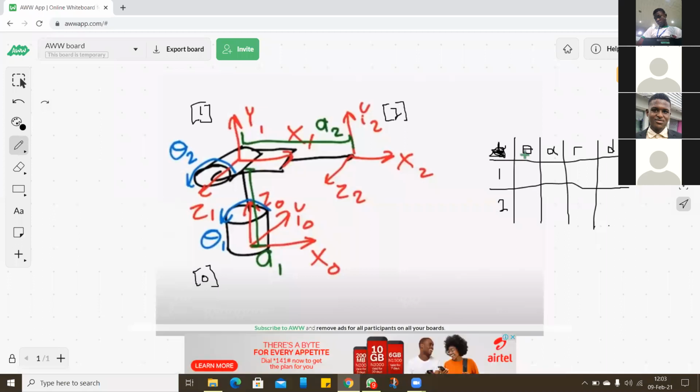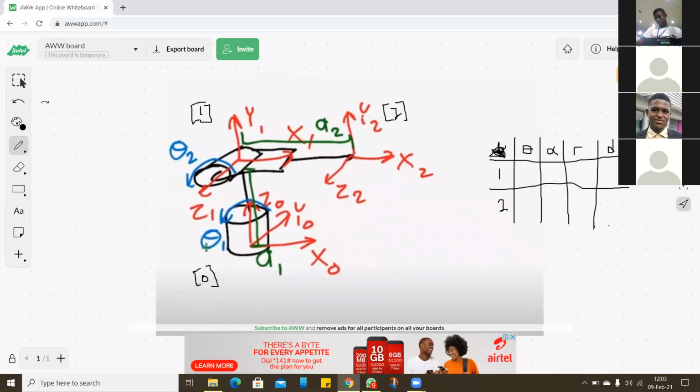But the definition of theta is what we are going to rotate about Z, not X. So leave X for now. Forget that the two frames are not the same. How are we going to rotate Z? Z can only rotate around theta1. It's plain and simple. Forget whether the frames look the same or not.